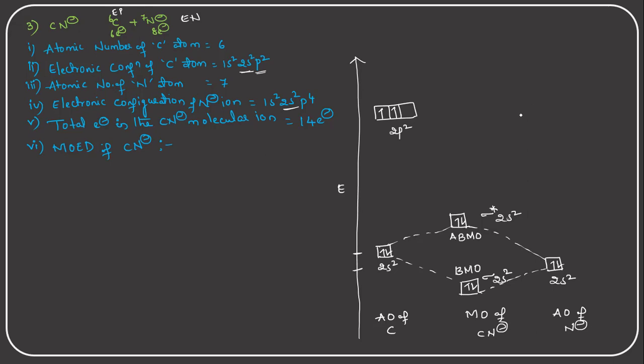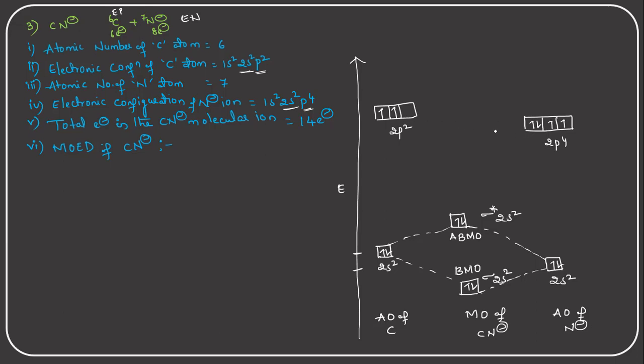And the nitrogen minus ion has slightly less energy than carbon, right? How many electrons are there now? 2p4, that means 4 electrons: 1 electron, 1 electron, 1 electron, and the fourth electron is the paired electron.